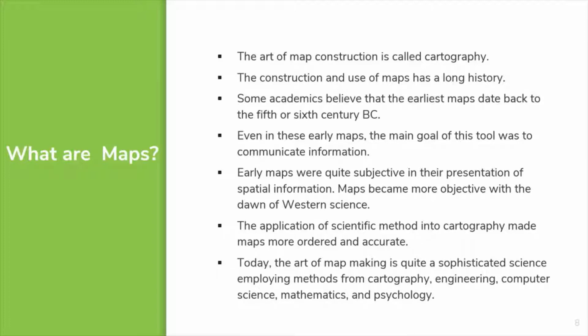So maps became more objective in the dawn of Western science, and with the increased use of science-based methods in GIS. We have GIS, which is Geographic Information Systems, but we also have Geographic Information Science, and the science part of it has driven how maps are now being created and the objective nature behind it.